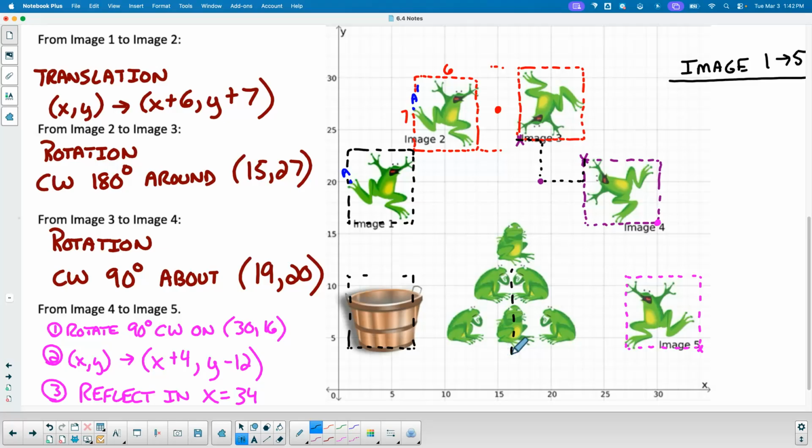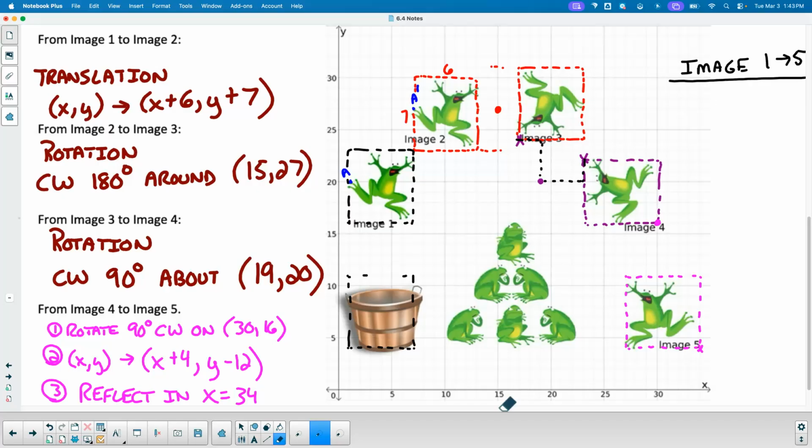So this gap would be 3, 8, 9. 1, 2, 3, 4, 5, 6, 7, 8, 9, 10, 11. So it has to be 17. Yep, so it'd have to be 17.